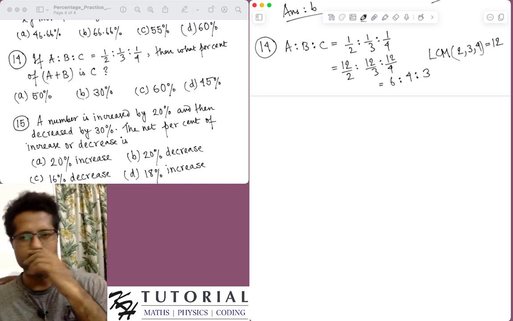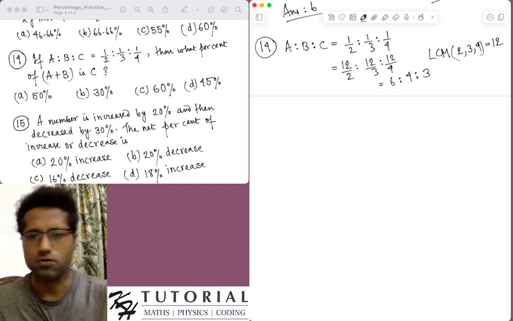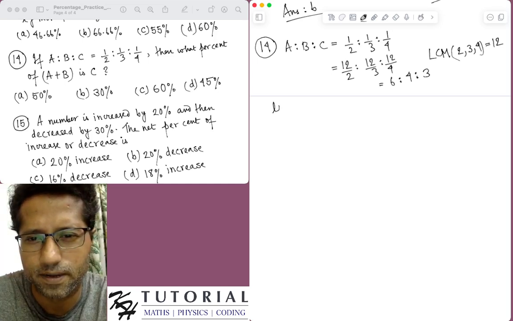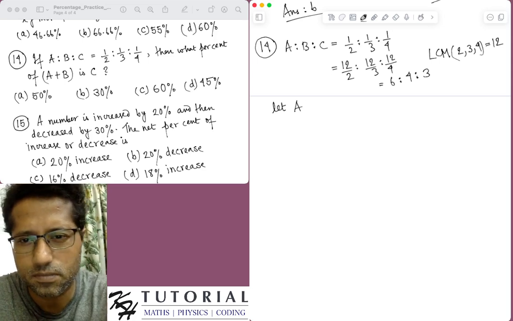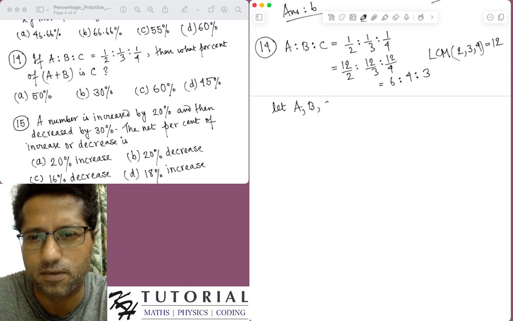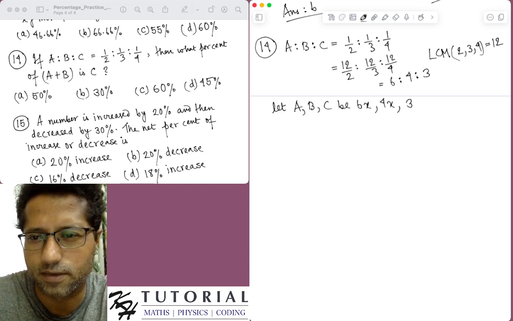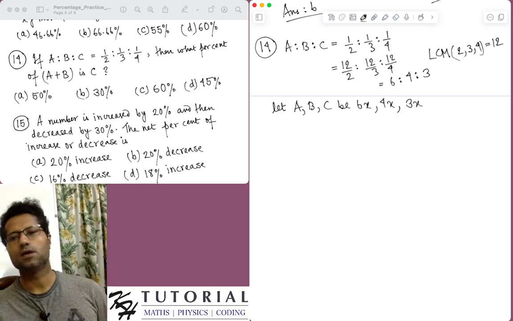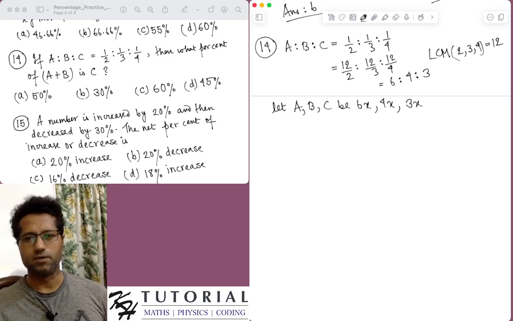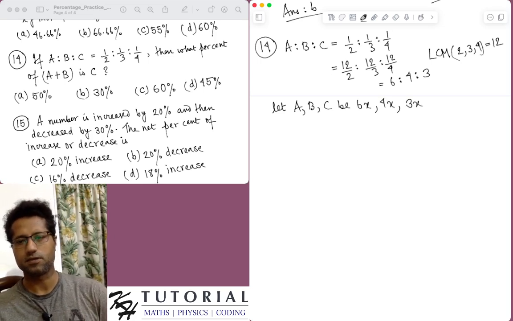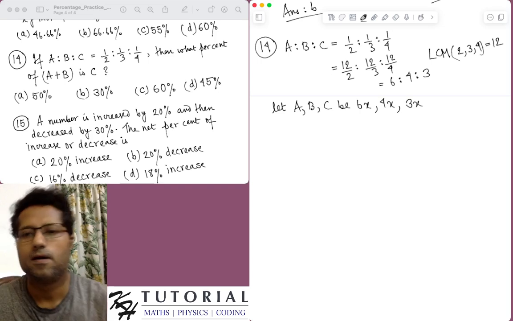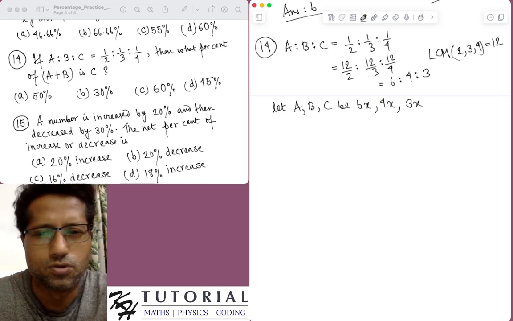So now we have A is to B is to C equals 6 is to 4 is to 3. So let A, B, C be 6x, 4x and 3x. We can always assume from the given ratio that A, B, C are 6x, 4x and 3x. Now, what is A plus B?